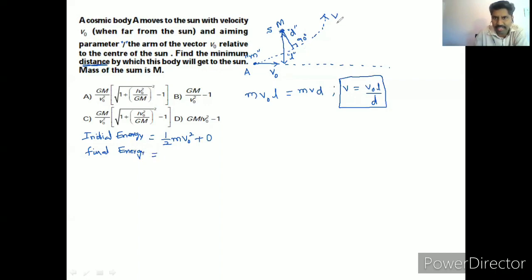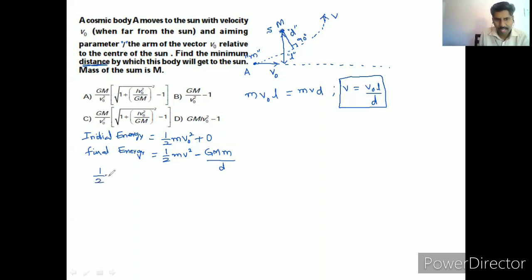It is going with a velocity v, so the kinetic energy is half m v square. The mass of the sun is M and the mass of the body is small m, so its potential energy is minus G M m by d. Now equate these two.